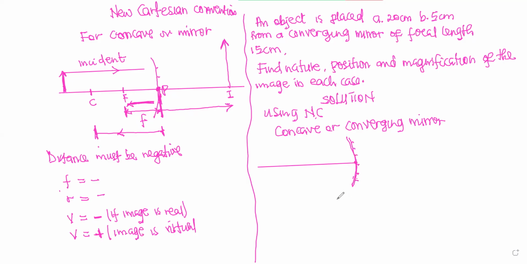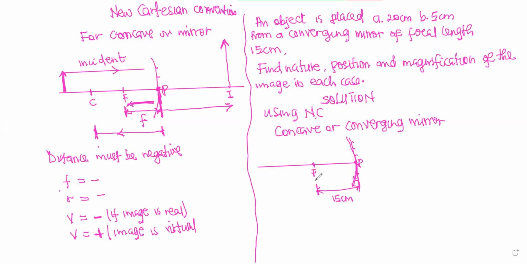So we are told that the focal length is 15, assuming F is here. Then this distance from the pole is 15. Object distance is 20.